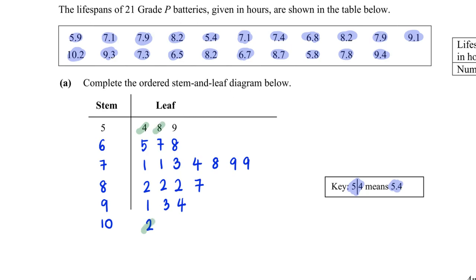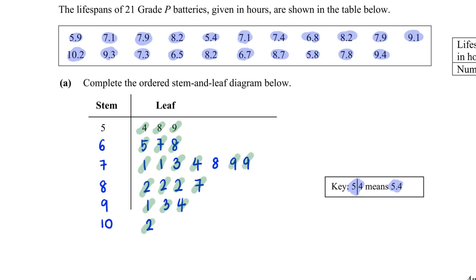So as I slowly move towards the middle ground, 6.5, behind is 9.1, 6.7, 8.7, 6.8, 8.2, 7.1, 8.2, 7.1, 8.2, 7.3, 9.